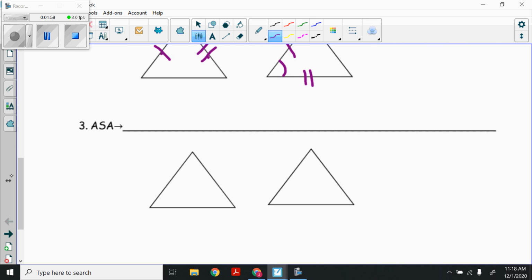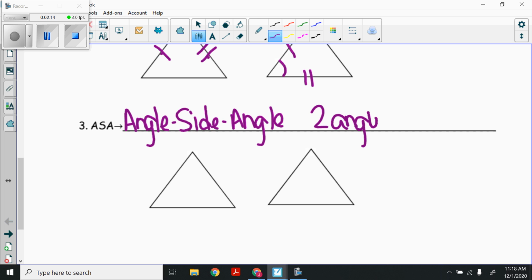The next one, the abbreviation is ASA. That stands for angle, side, angle. And this is 2 angles and the included side. And included means it's smushed in between the 2.